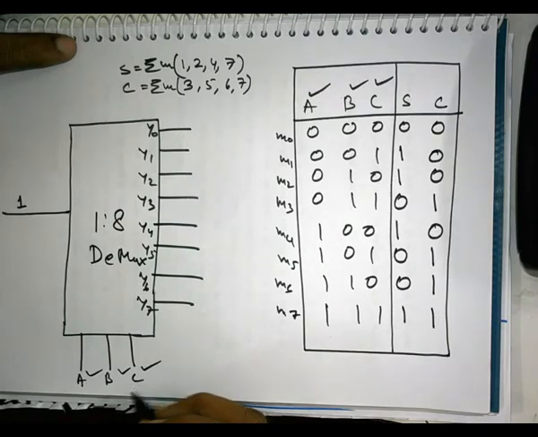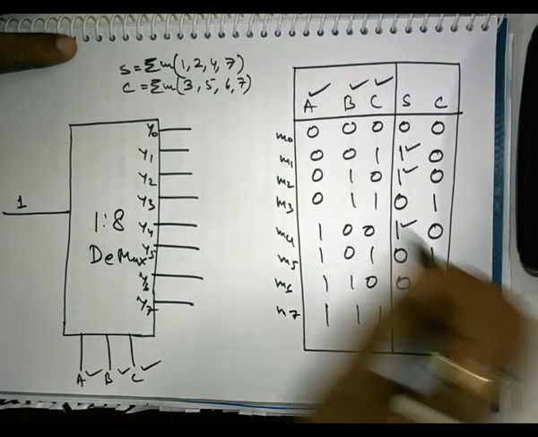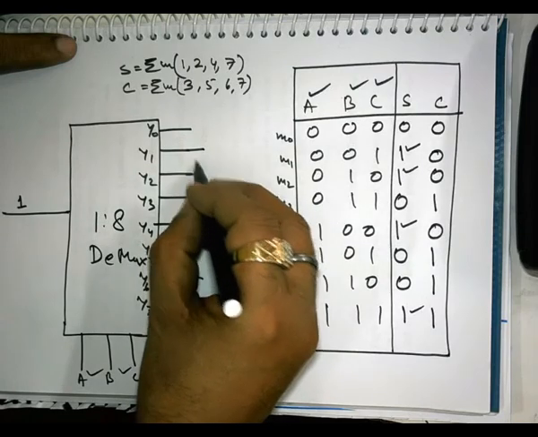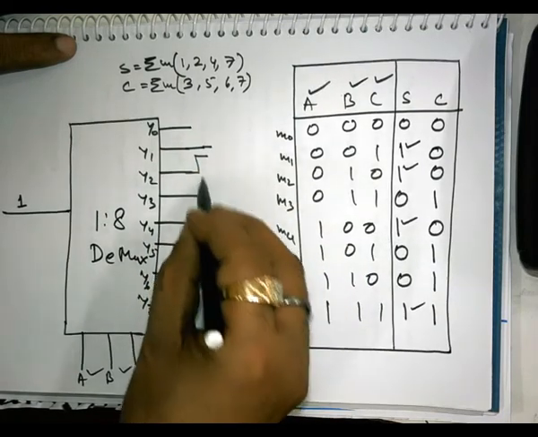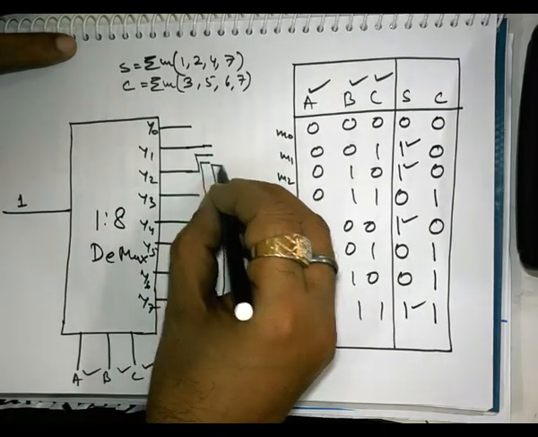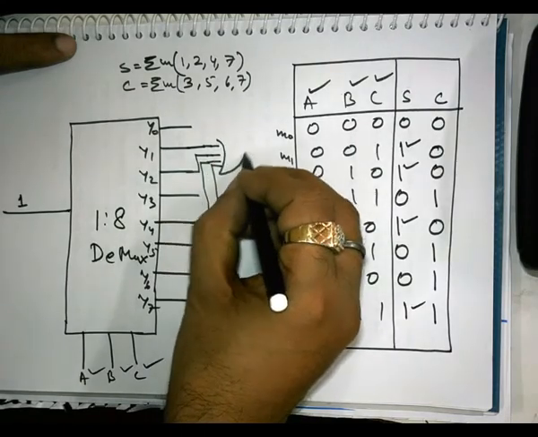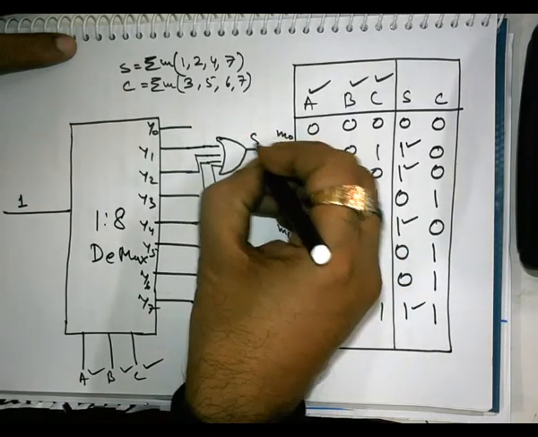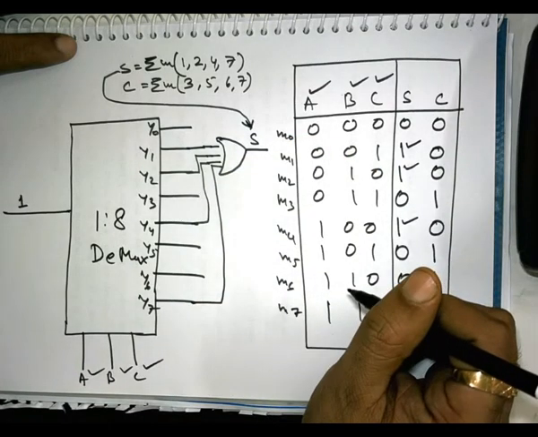Okay. Now which ones do we have to pick up for sum? Line 1, line 2, line 4 and 7. Okay. And if we apply these to an OR gate, this is naturally going to give you the sum term.